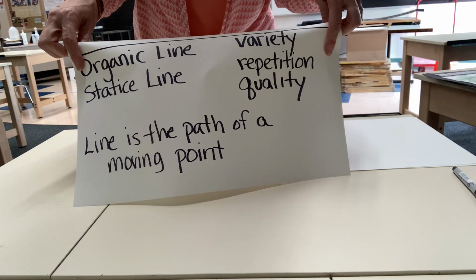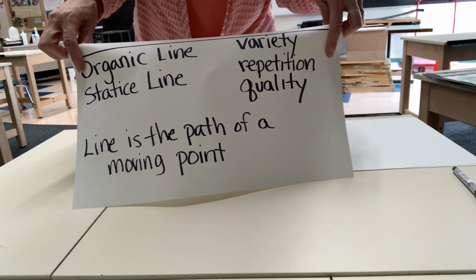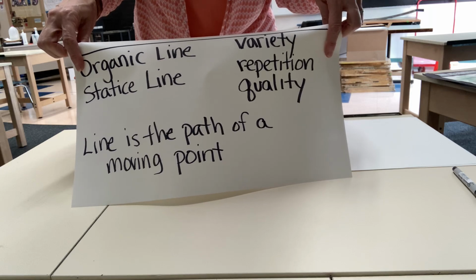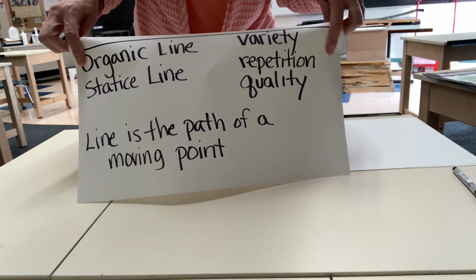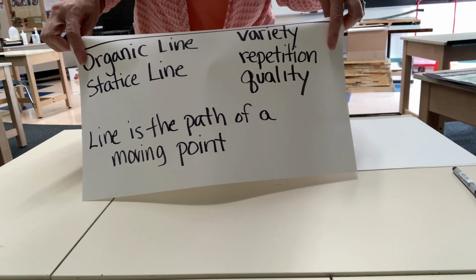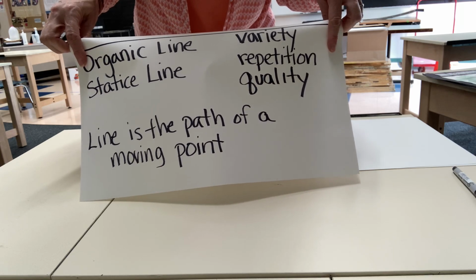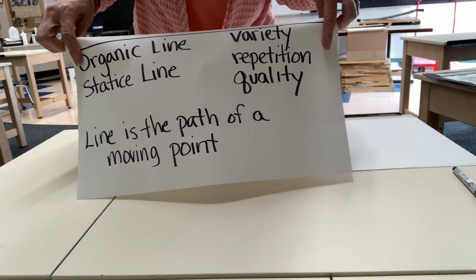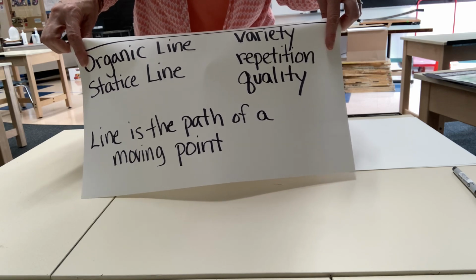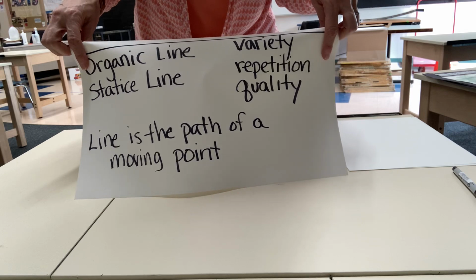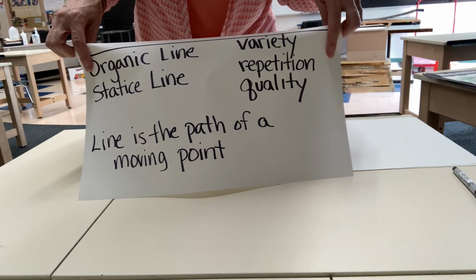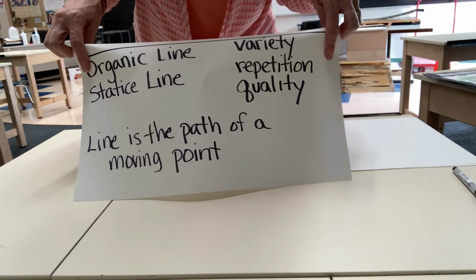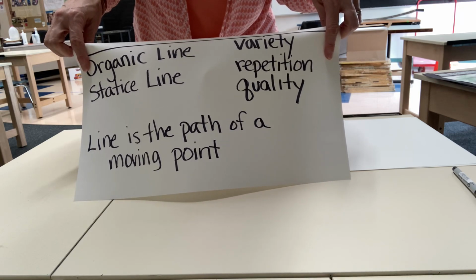But if you think about it, a line can go on forever in space if you want it to. Also, lines have different qualities. They have different varieties. They can be repetitive. They have repetition to create a pattern. And that's a little bit of what you're going to be doing in this project. It's not going to be something that is too hard to understand, even with this brief introduction.